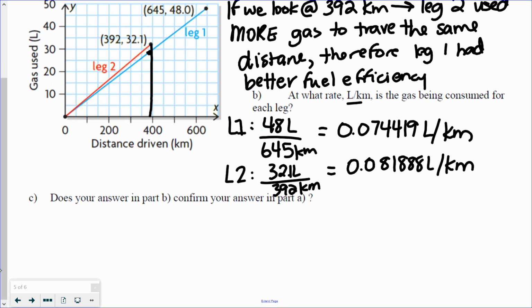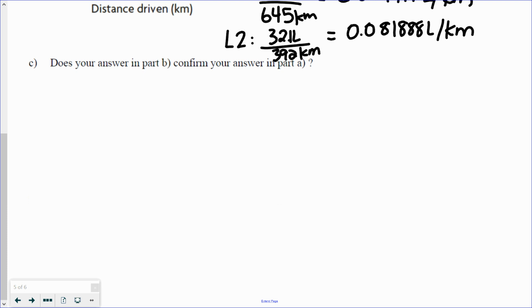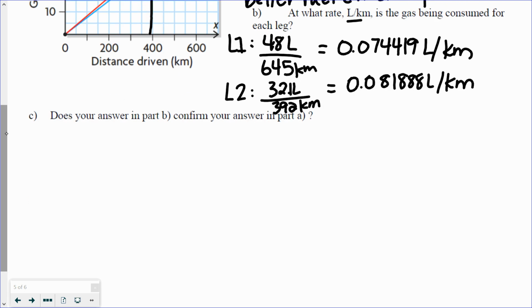So that's what part C is saying. It says, does your answer in part B confirm your answer in part A? And yes, it does.